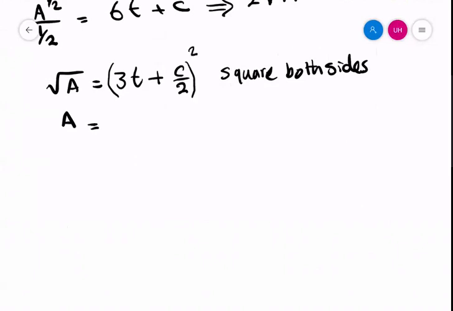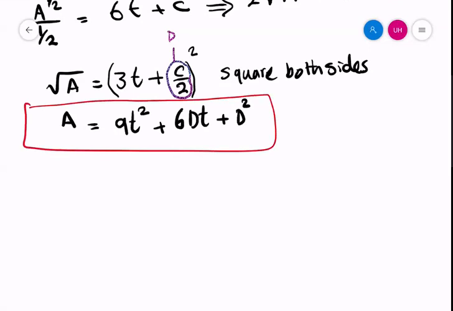So there's going to be 3t all squared, which is 9t squared, plus 2 times the 3t times c over 2, which I'll call another constant, d. So it's 2 times the 3, which is 6td, and plus d squared. And this is the general solution.